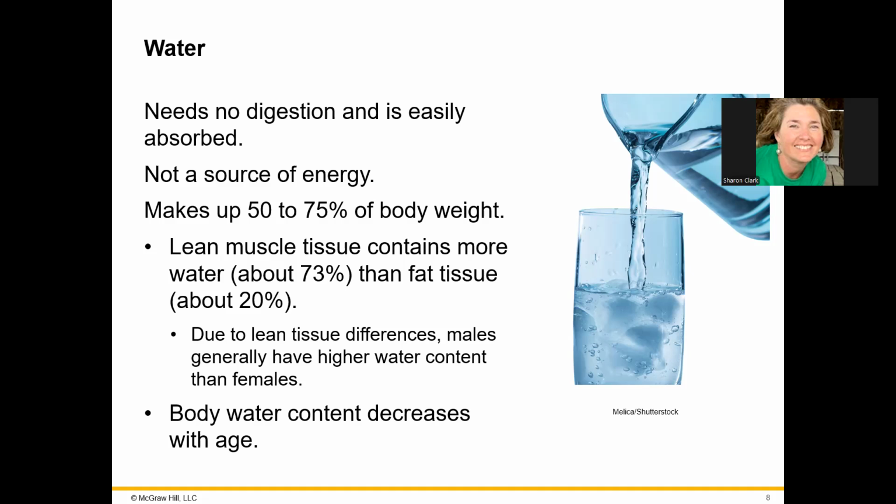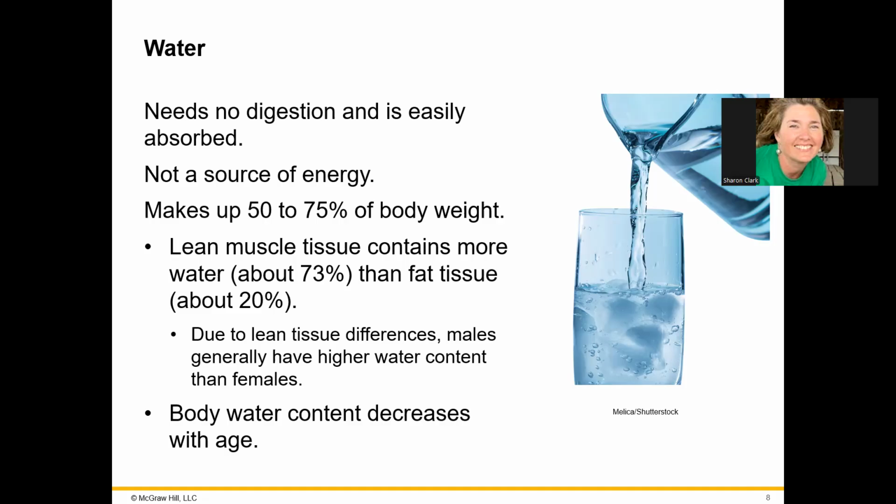And let's begin with water. Water is essential for life, right? We have water, H2O, as one of the major, that is the universal solvent.